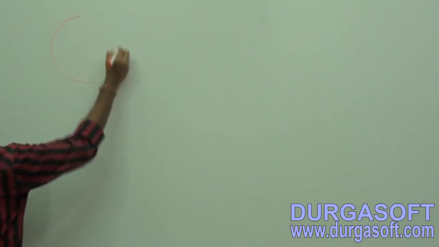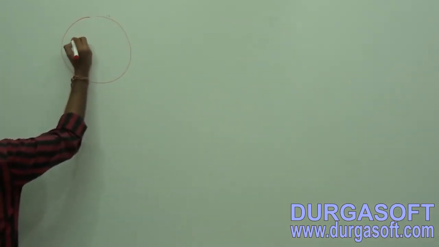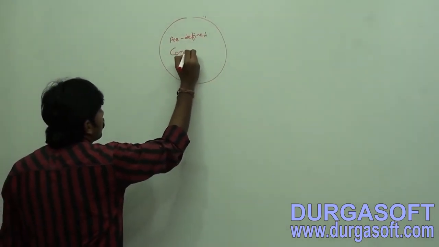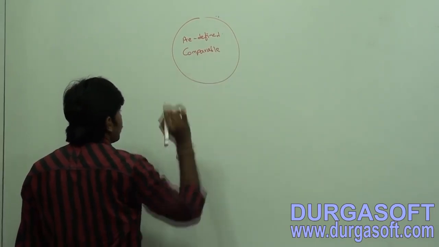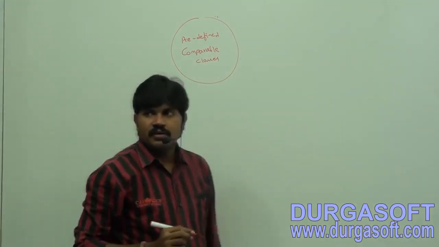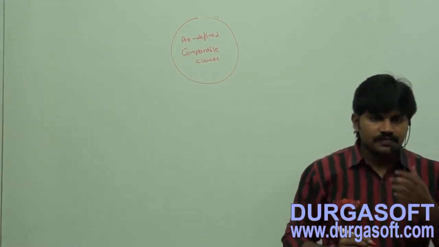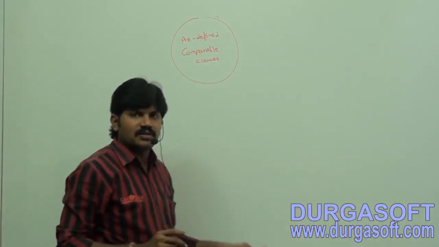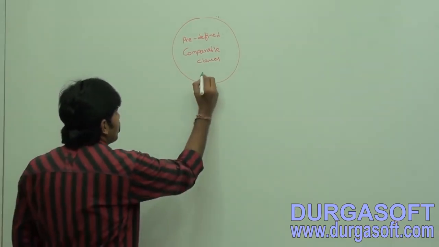Just observe. Sir, there are three categories of classes I want to divide. All classes I want to divide into three groups. First group: predefined comparable classes. First category, predefined comparable classes we have, like the best example for that, String.